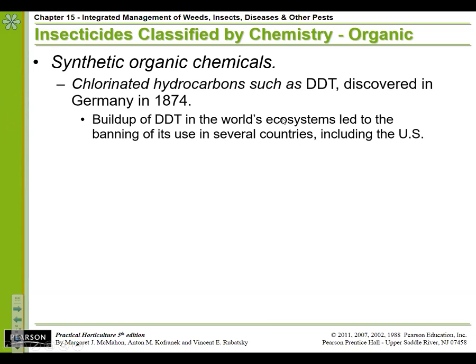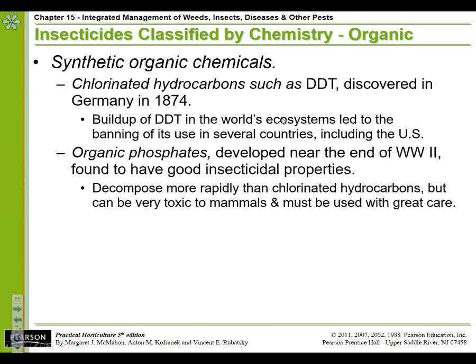I'm sure everybody is familiar with DDT and the story behind it. Basically, it was eventually banned because of its persistence in the ecosystem, which allowed it to bioaccumulate and bioconcentrate up the food chain. So it's found that it was causing death in eagles, for instance, the bald eagle. And since the banning of DDT, the bald eagle has made a big comeback.